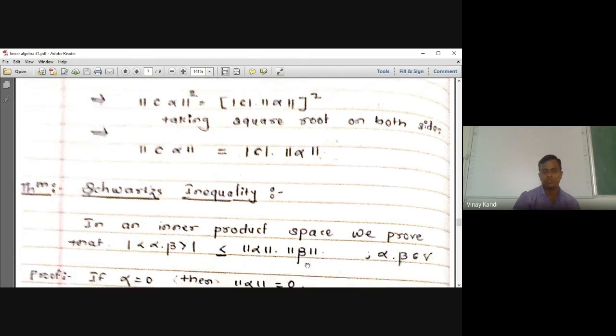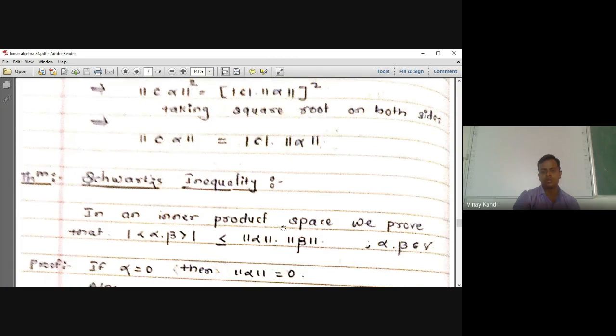In an inner product space, we have to prove that mod of inner product of alpha beta is less than or equal to norm of alpha into norm of beta, for any alpha, beta belonging to V, which is the inner product space. This inequality is called the Schwarz inequality.